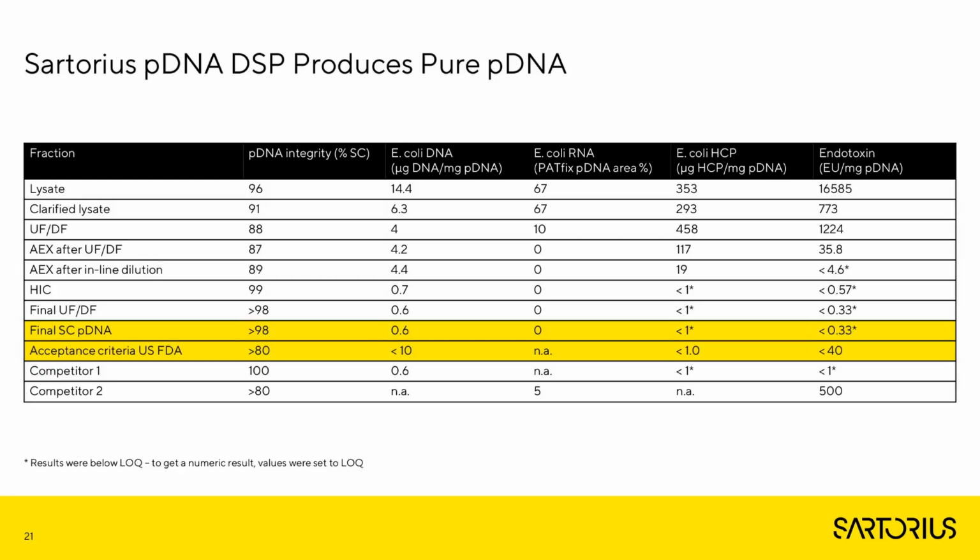Sometimes certain processes that claim slightly higher recovery actually then show, let's say, higher endotoxin burden in the elution. So we claim we have the best ratio between recovery and plasmid DNA purity that you can find.